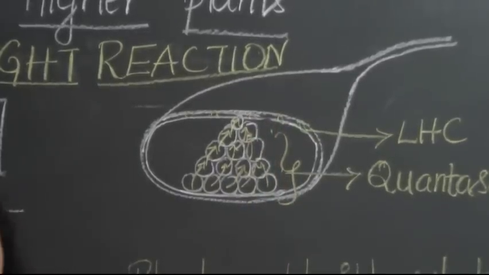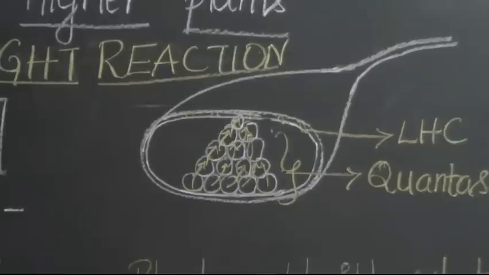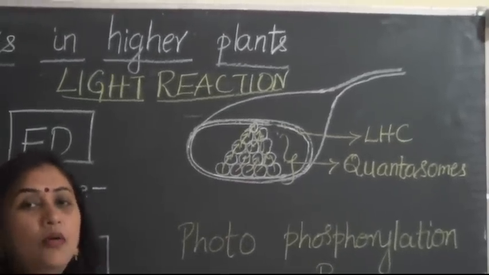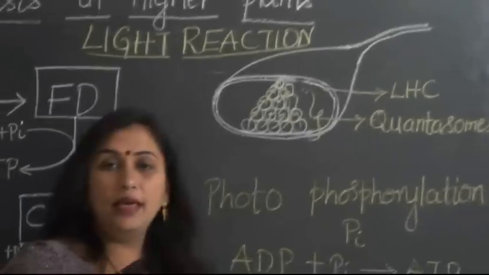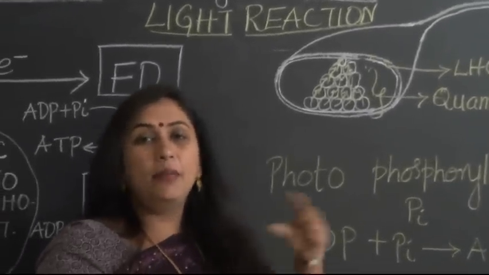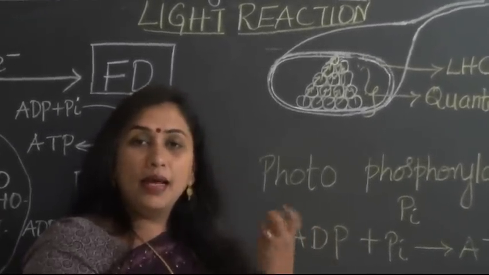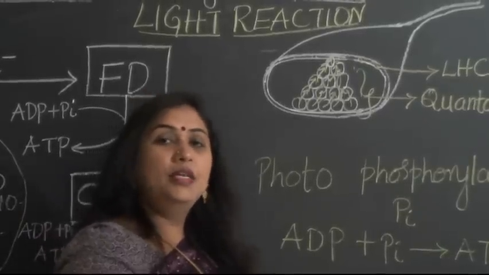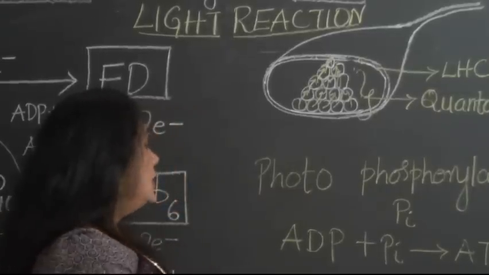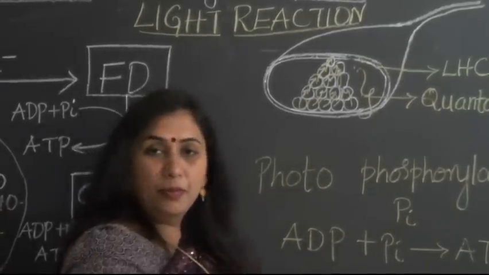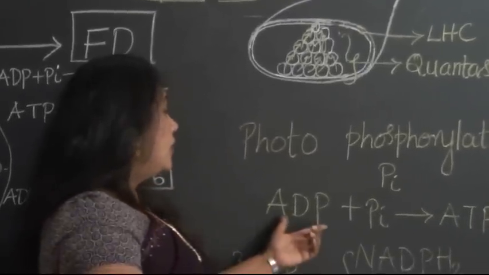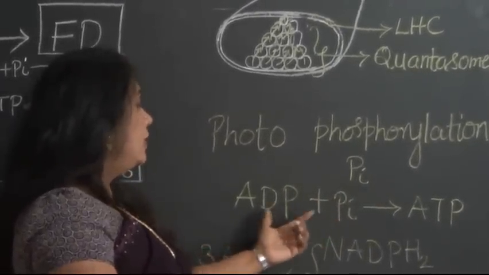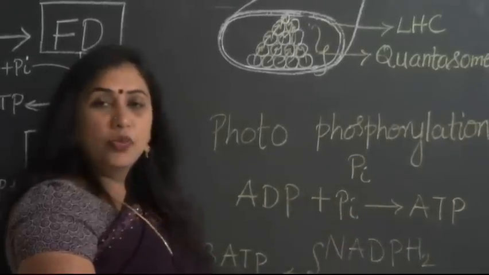Only chlorophyll A can convert the light energy into chemical energy. Only this chlorophyll A has the unique ability to convert the light energy into chemical energy. What is that chemical energy that we are talking about? It's about the bond formation that would be taking place. In order to convert ADP to ATP, there would be a chemical bond formed between ADP and the inorganic phosphate.